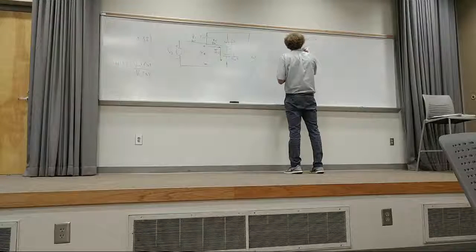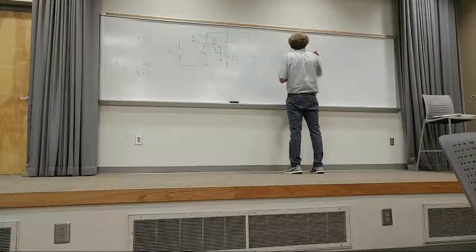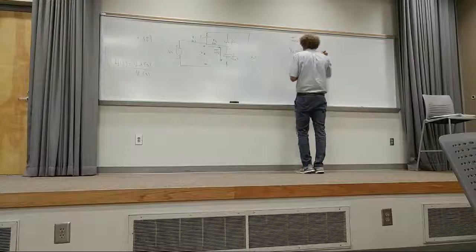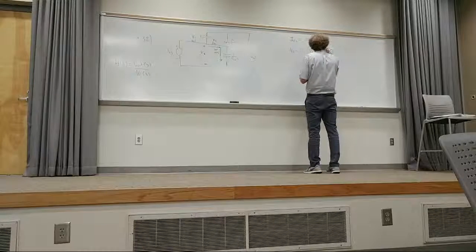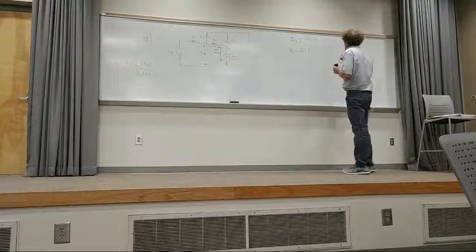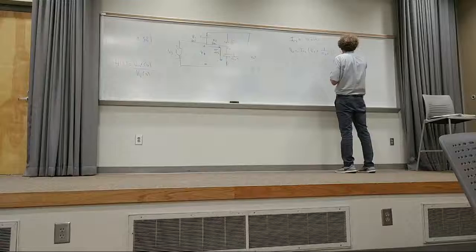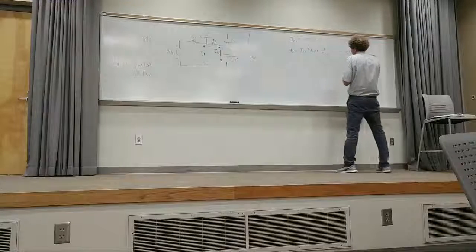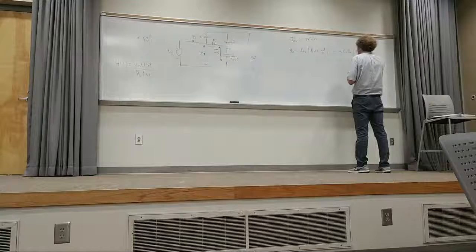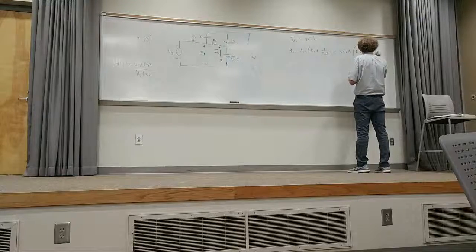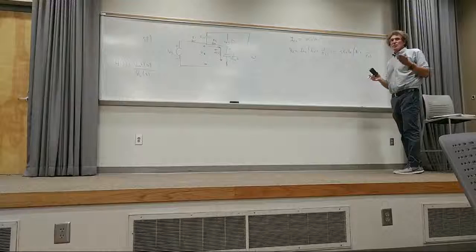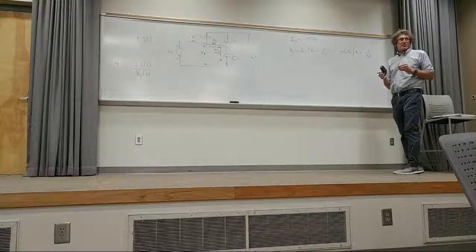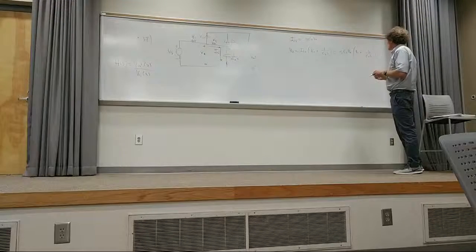So it's really IC2 times R2 plus 1 over C2S. And since that is IC2, it's S times C2 V out times R2 plus 1 over C2S. I'm just writing this down, letting you think about what I'm doing and why I'm doing it. Bells should be going off now.